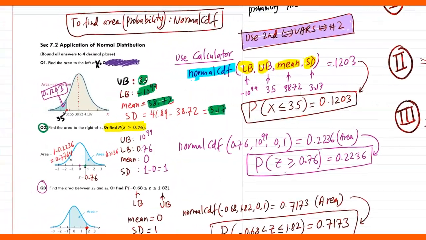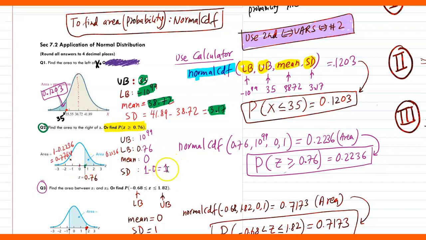In this case, upper bound is 10 to the power 99 because you don't know how big the z value is going to go to the right. But lower bound for this area is 0.76. The mean is 0 obviously, but the standard deviation is 1, because from here to here you subtract 1 and 0.